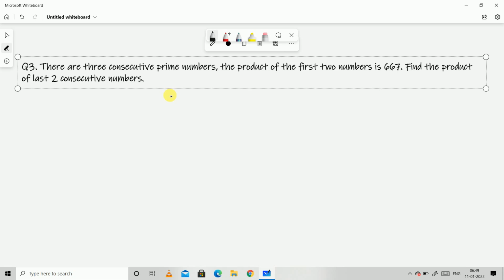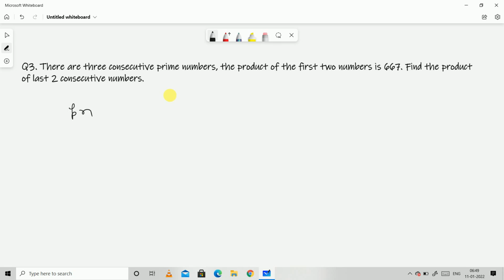Okay. Now I have told you that prime numbers are the numbers which are divisible by 1 or itself. So it is saying the product of the first 2 consecutive prime numbers is 667.